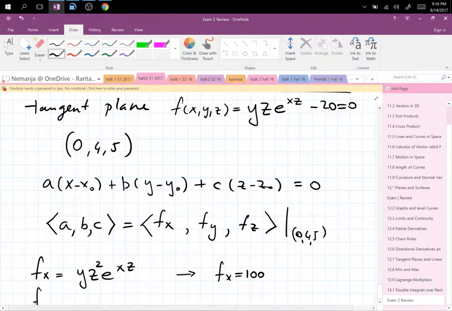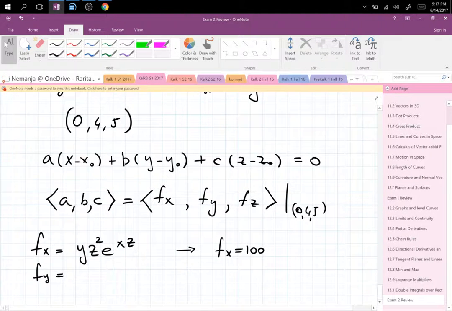Then I have fy, which is keeping everything else as a constant, so z e to the xz. When I plug in 0, 4, and 5, it's going to be 5 only.